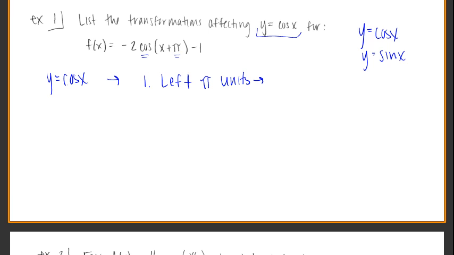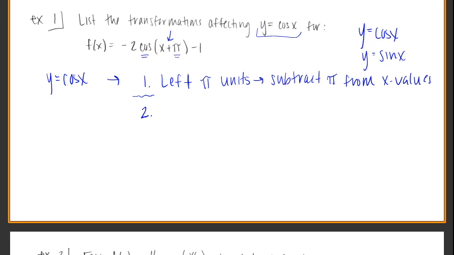In other words, if we wanted to write this out in words, we're going to subtract pi from the x values. Okay, and then just before I call any kind of horizontal movement done, I want to go back into this parentheses and see, is there anything else inside that parentheses that's unique? Well, there's nothing attached to the x, there's no negative inside in front, so really that's everything that's going to be affecting the x values.